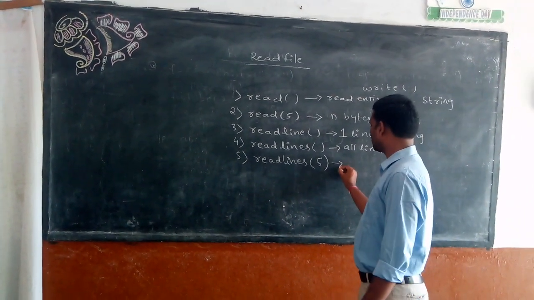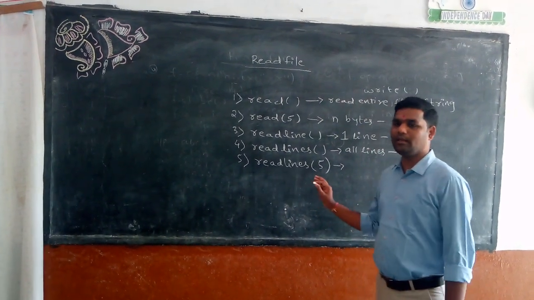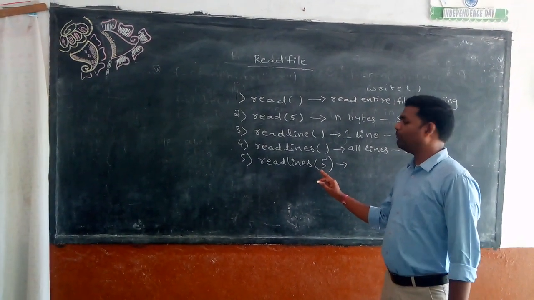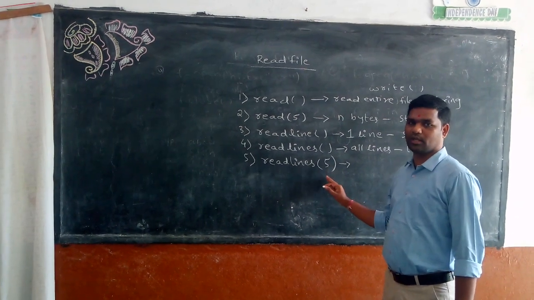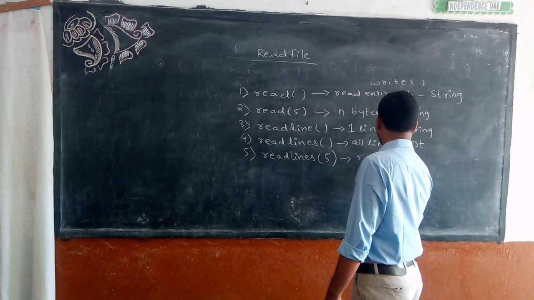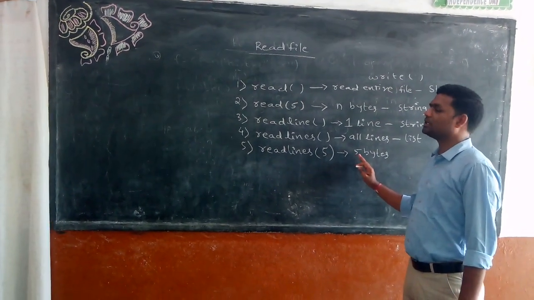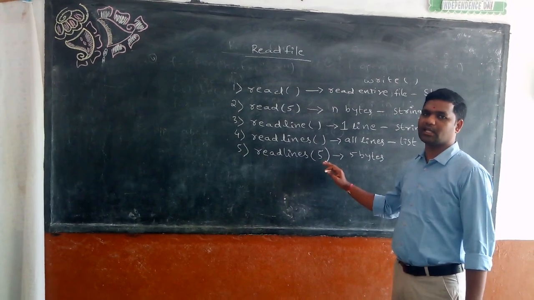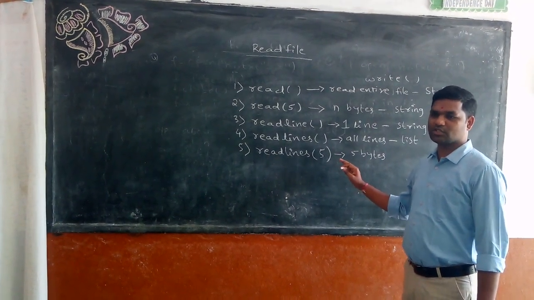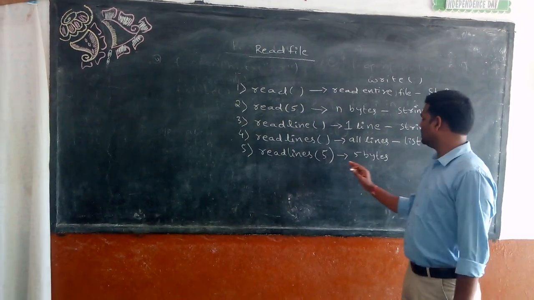And readlines with the 5. That means it will read the line if the byte size is less than 5. If the line size is less than or equal to 5 bytes, then only it will read the line, otherwise it will ignore it.